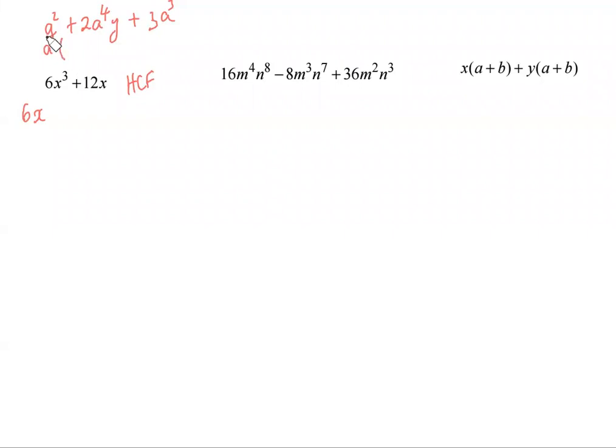Then we say a squared into a squared, you get 1. Some of you leave this out, thinking it's 0, then you skip that. Then you go to a to the power 4 into 2a to the power of 4. That's where you get 2a to the power of 2. Then plus 3, then a squared into a cubed, you're going to get a.